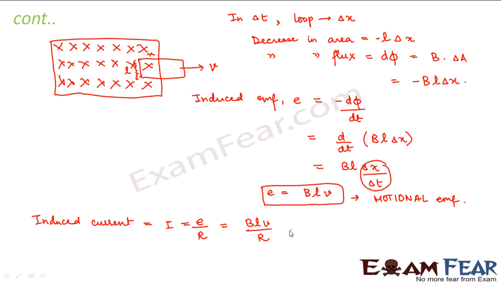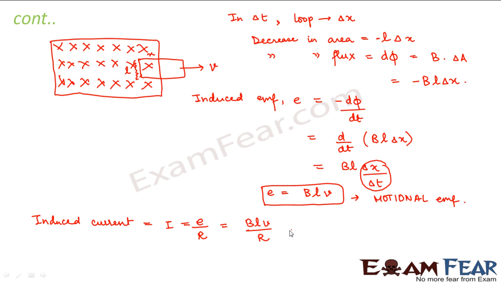Similarly, when the entire loop is out of the magnetic field, there is no induced current. What would be the direction of the induced current? I have already discussed that in my previous slides. You can find that using Lenz's law, and you can also try it with Fleming's right hand rule. Choosing the convention is up to you. Whichever you find simple and easy, you can go for that.